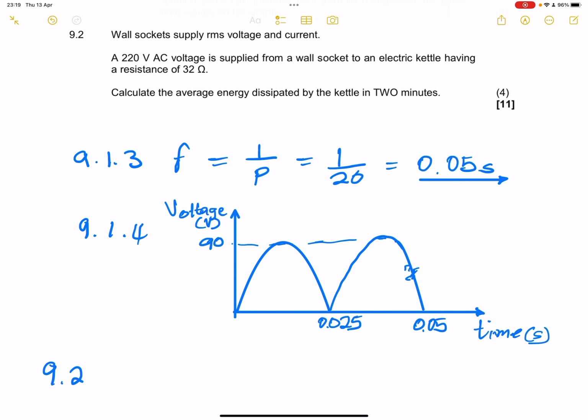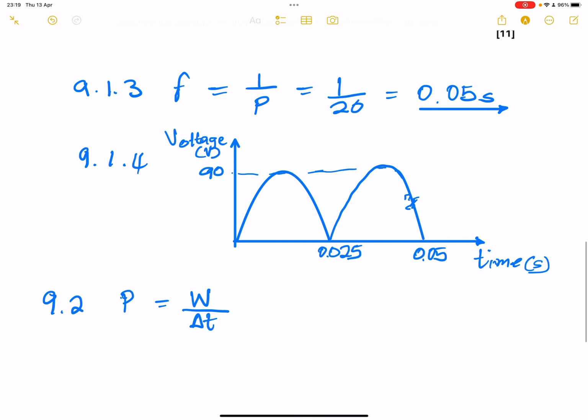Remember, usually we talk about power in this section, right? But what is power? Power is the rate at which work is done. So that's energy divided by time, right? So if we can find the average power, if that's the route that you want to take, I'm going to show you another way.